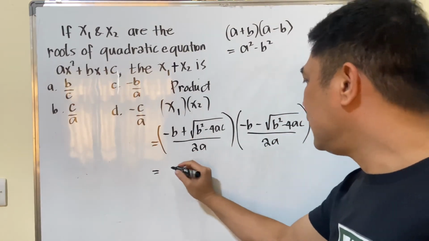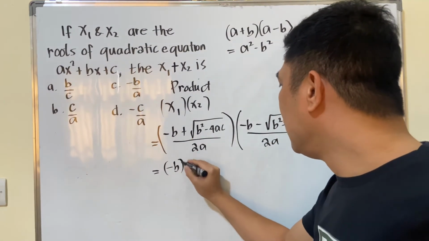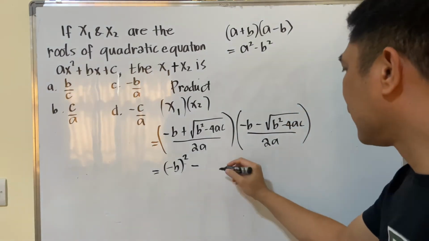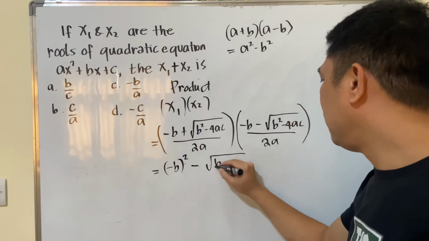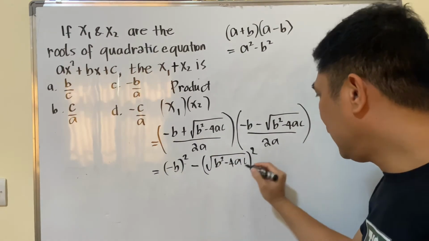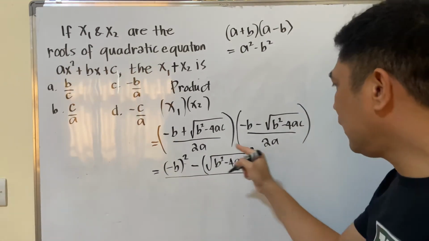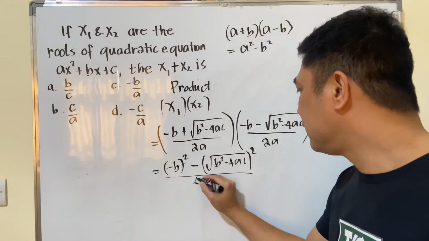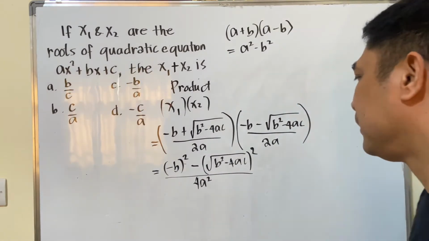So that means this is negative b squared minus the square root of b squared minus 4ac squared over the square of your denominator, which is 4a squared.